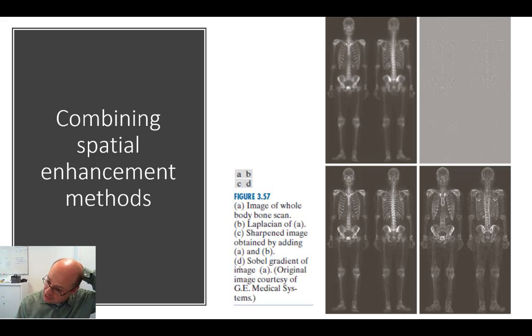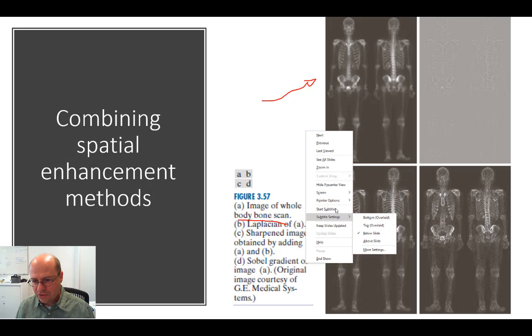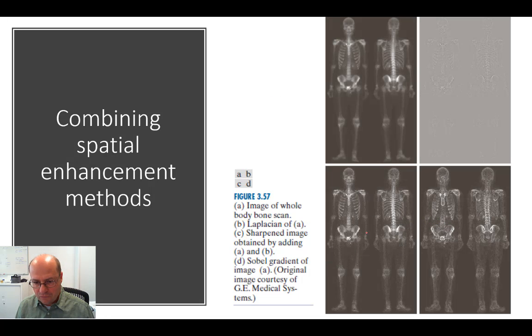Okay, now we can use all of that for image enhancement, and that's the final bit of today's lecture. Imagine that we have an image of a whole body scan. This one, probably a CT scan, if I'm not mistaken. The book tells the story properly. We can apply the Laplacian, getting all of the discontinuities in intensity changes.